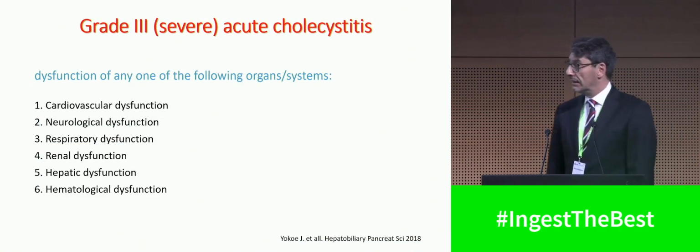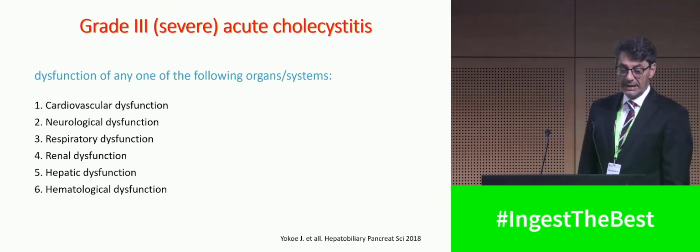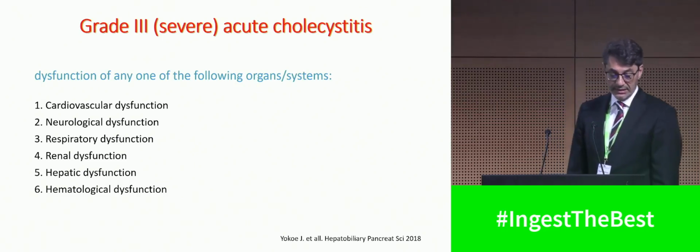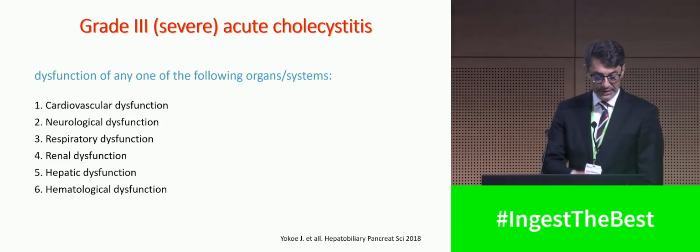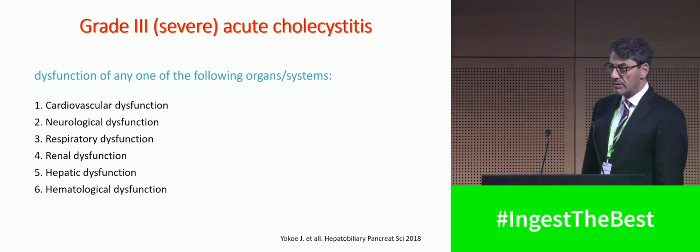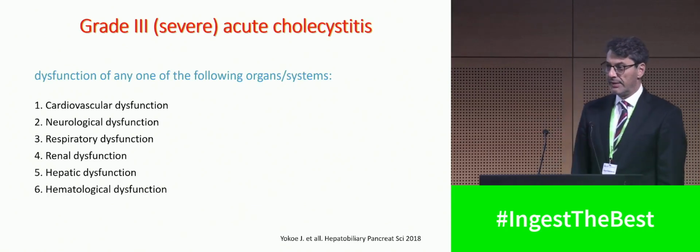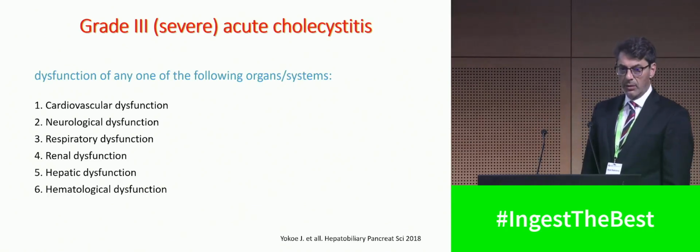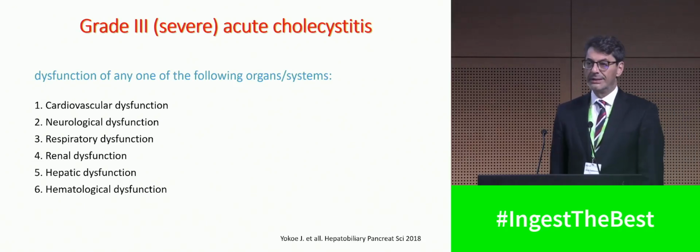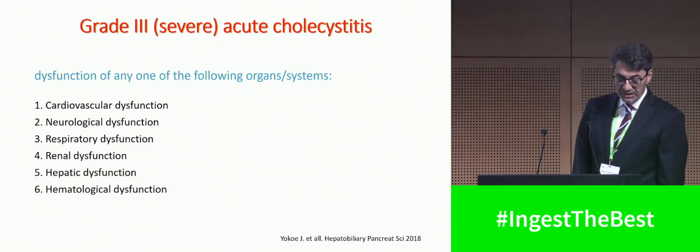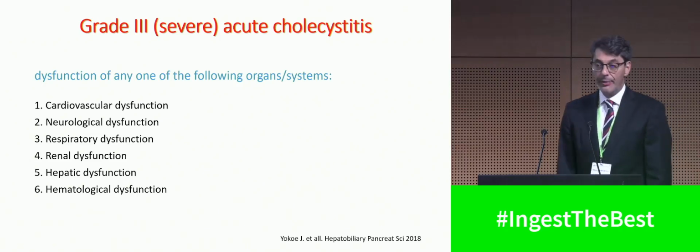This is according to the Tokyo guidelines. Grade 3, severe acute cholecystitis, is defined if the patient has dysfunction of one of the following organ systems. I have a concern about this: there is so-called negative organ failure and positive organ failure, involving respiratory, cardiovascular and renal dysfunction.